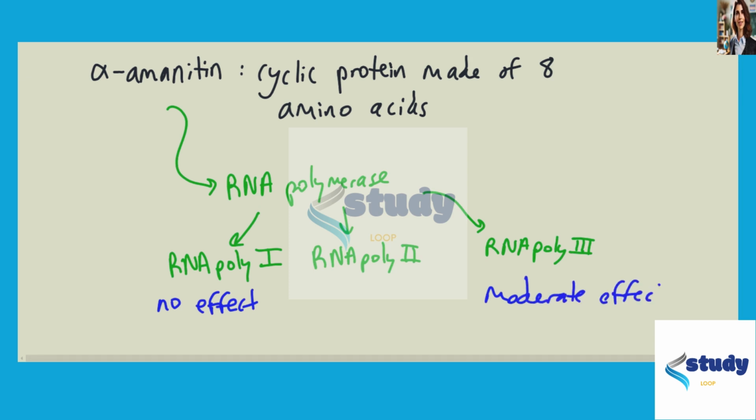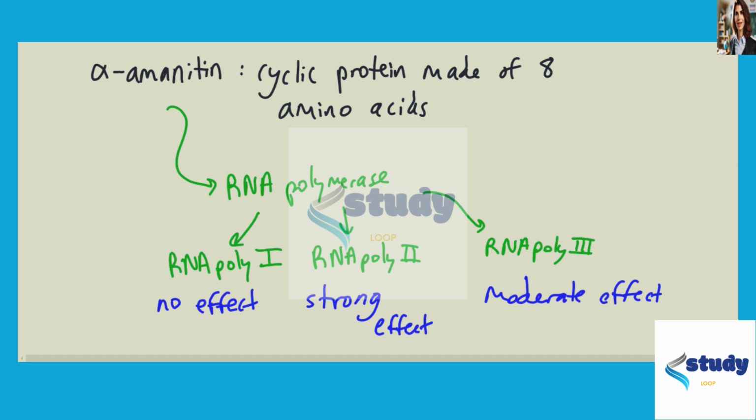But RNA polymerase 2 is highly sensitive to alpha-amanitin, so alpha-amanitin has a strong effect on RNA polymerase 2.